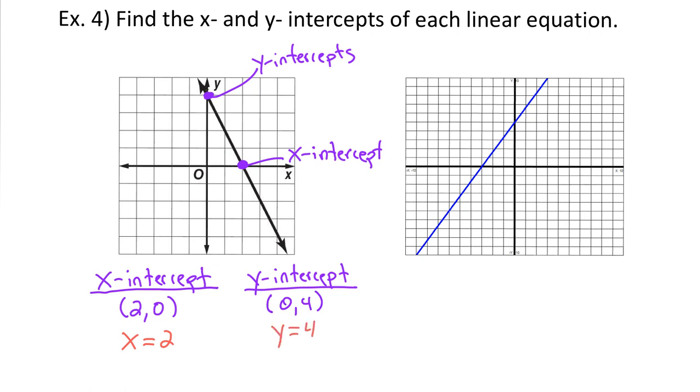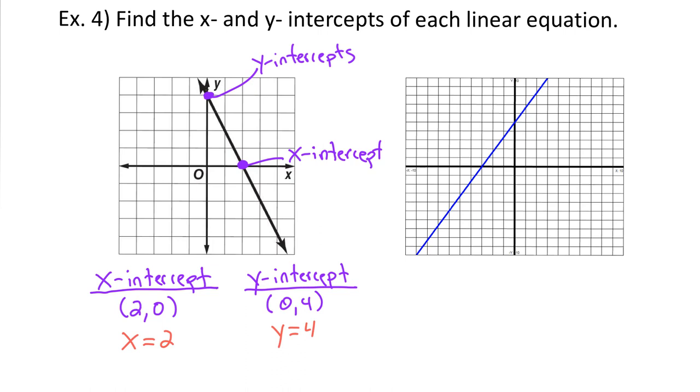So the y-intercept is y equals 4, or as a coordinate, (0, 4). Notice what x equals. x equals 0. And that's what needs to happen. For the y-intercept, x has to be 0. For the x-intercept, y has to be 0.